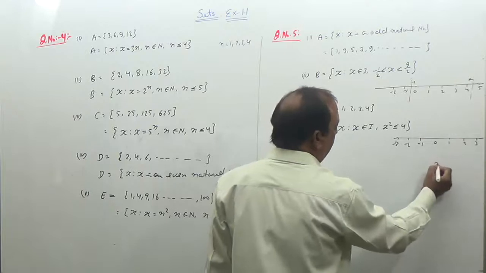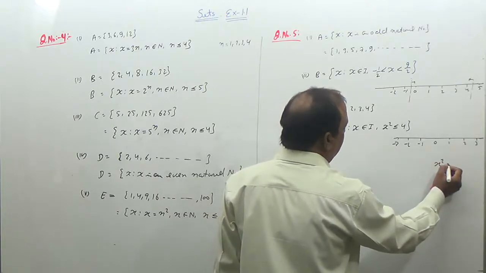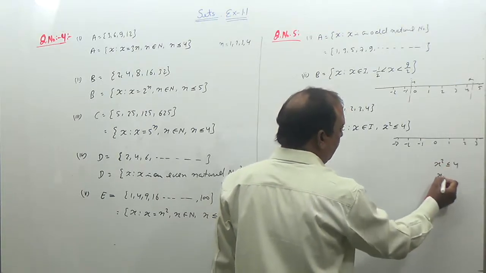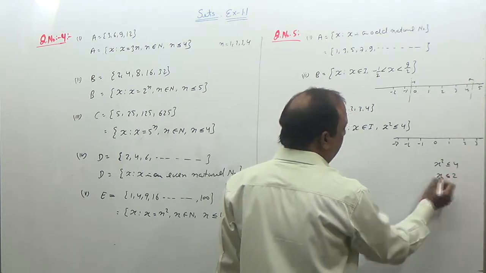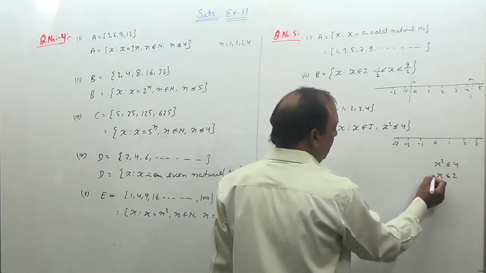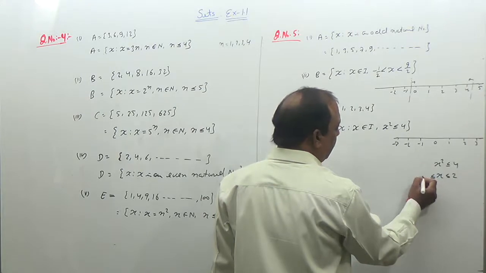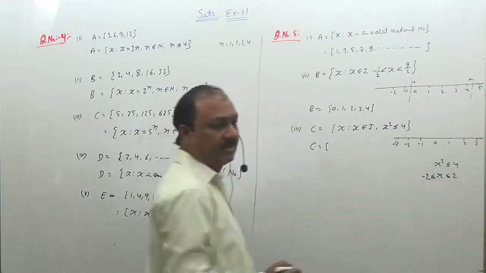So here, if we take x square less than or equal to 4, taking the square root on both sides, x is less than or equal to 2 and greater than or equal to minus 2.